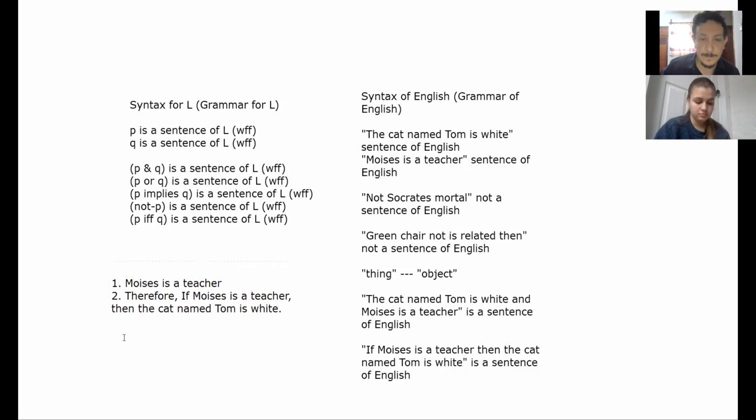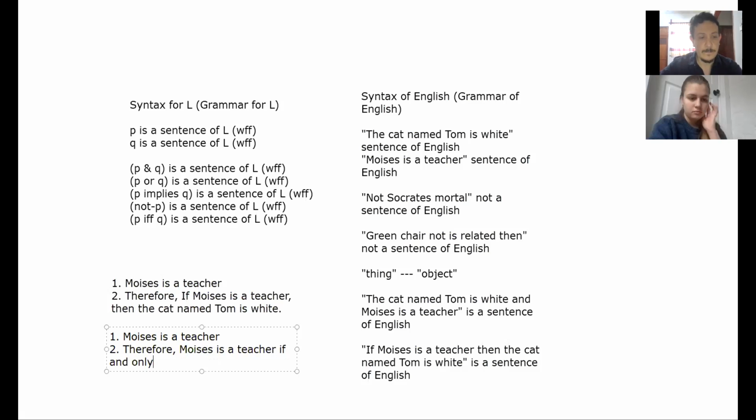Or even something like this, right? So for example, therefore, Moises is a teacher if and only if the cat named Tom is white.